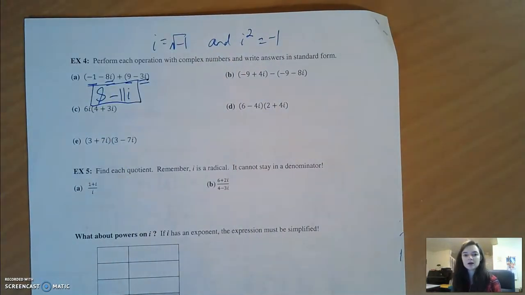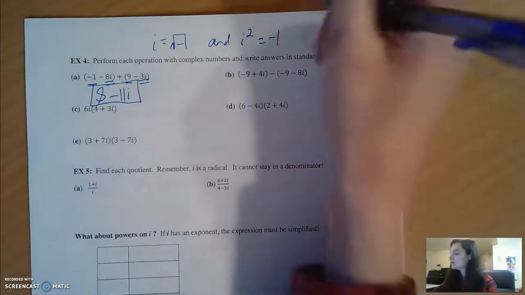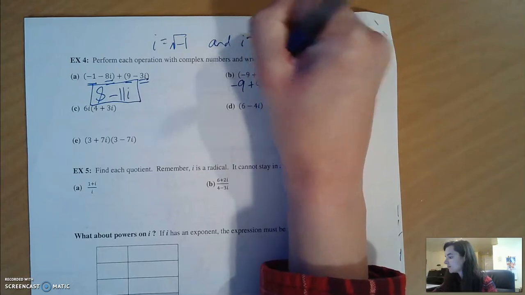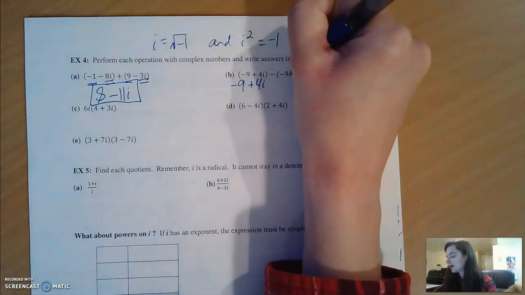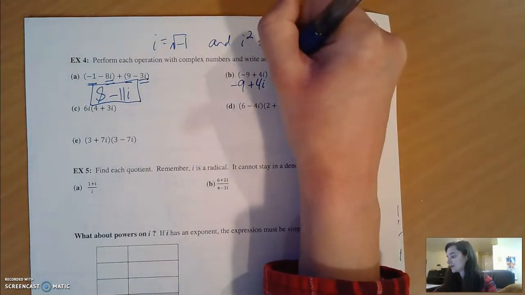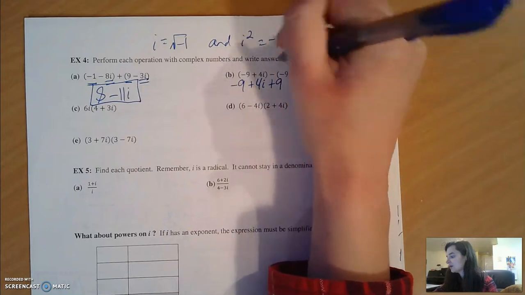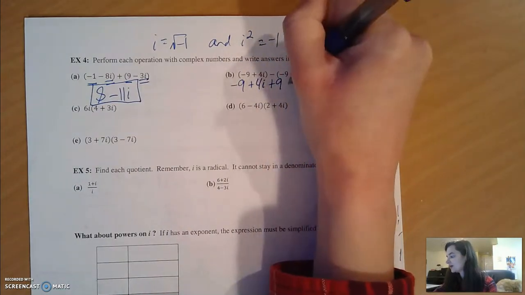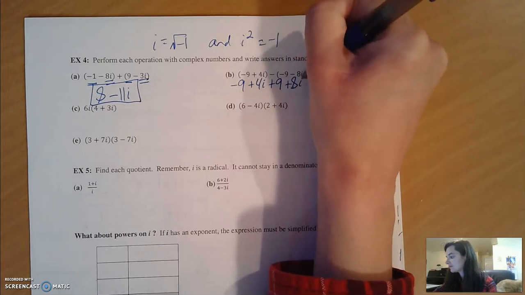Okay. With subtraction, my advice for you guys, as usual, is to distribute the subtraction first so that you know really if you're adding or subtracting those like terms. So I have negative 9 plus 4i. And then we're subtracting a negative 9, so subtracting a negative 9 is the same as adding a positive 9. Then we're also subtracting a negative 8i, and subtracting a negative 8i is the same as adding 8i.